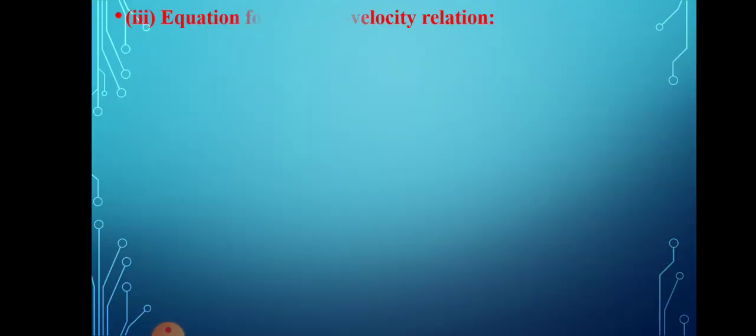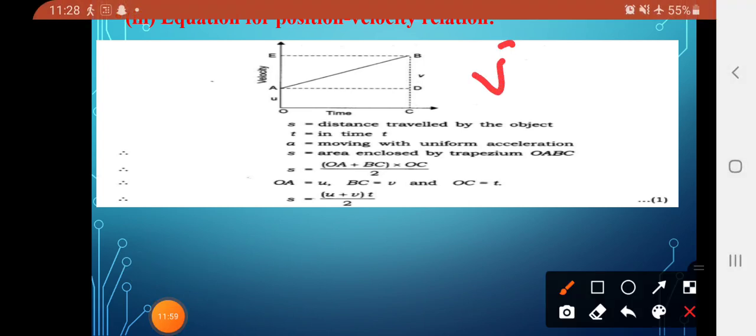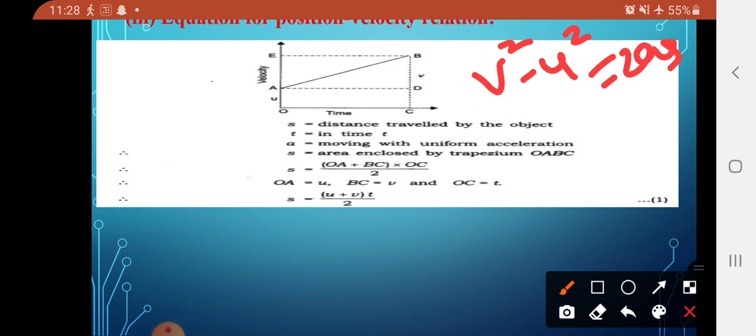Next, the last equation is the position velocity relation. Here also we have to consider the equation by considering the trapezium part. Dear students, the last equation is v square minus u square is equal to 2as. For deriving it, we consider this graph itself, but in the trapezium part.